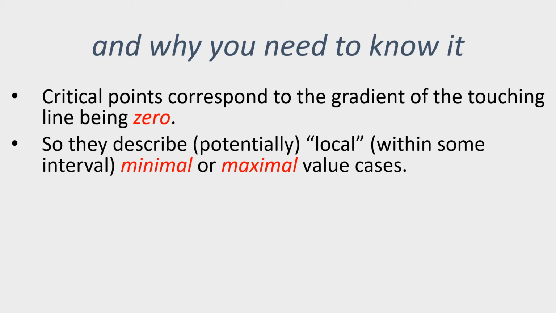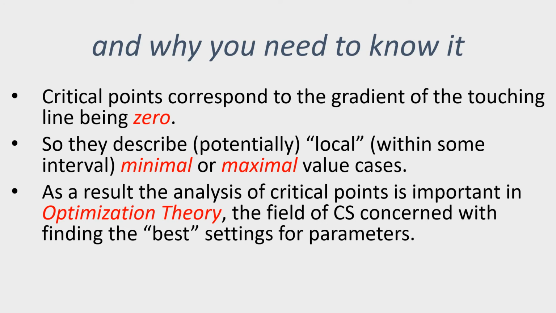So these points correspond to places where the gradient is a line horizontal to the x-axis. That's what having gradient 0 means. And these describe potentially local minimum or maximum value cases.